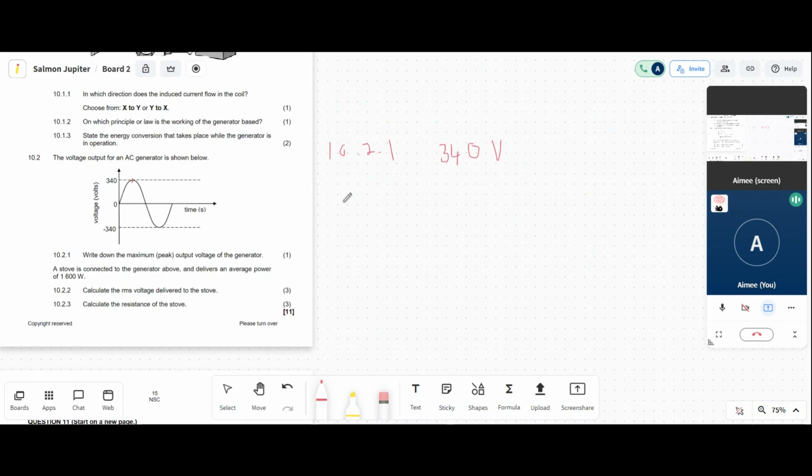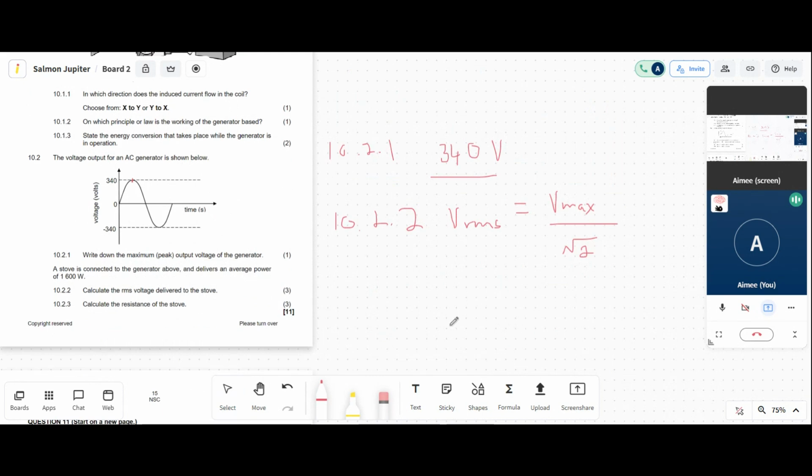You can see it's only for 3 marks. It's not going to be difficult. So VRMS, this is on your formula sheet, is equal to Vmax, which is what you've just stipulated in the first part of the question, divided by the square root of 2.